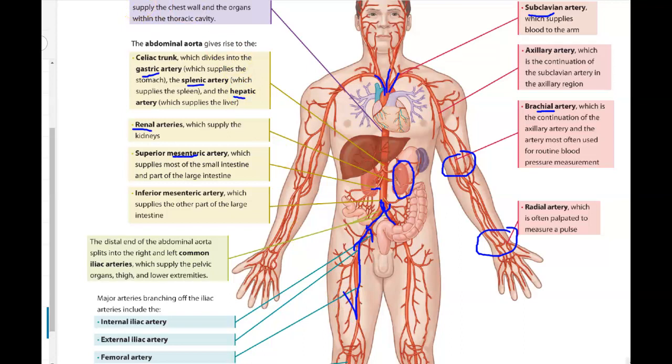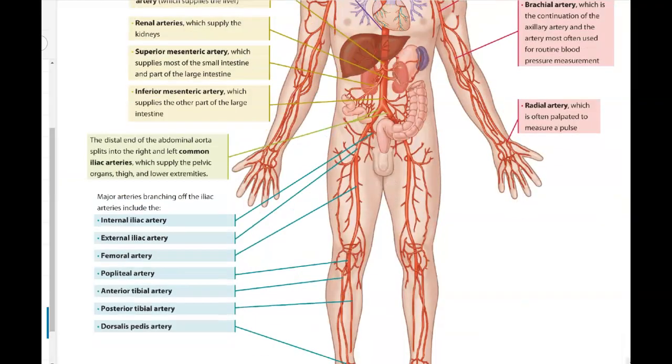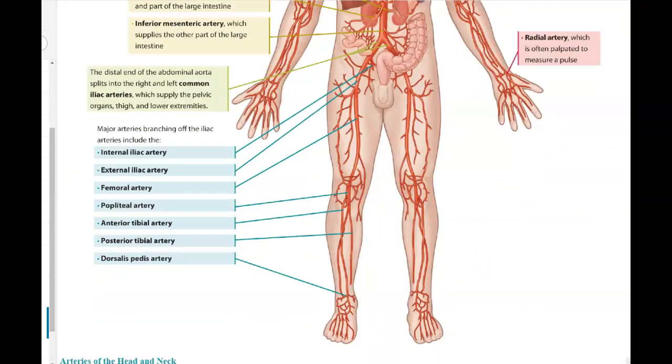Okay? Again, named after the location. It sounds tricky, but it's not as tricky as you'd think. So you have your common iliac, then your external iliac, then your femoral.